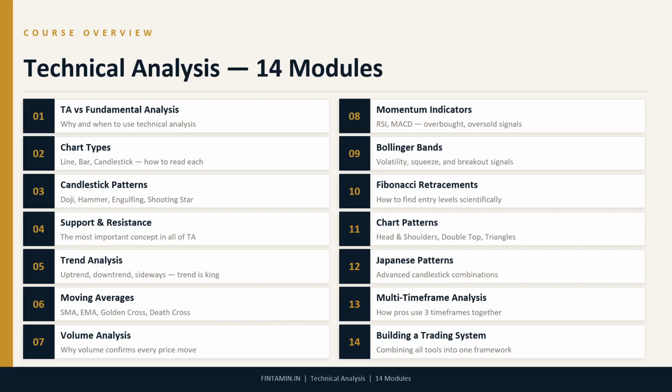Module 7 and 8 adds volume and momentum indicators like RSI and MACD. Module 9 is Bollinger Bands. Module 10 is Fibonacci retracements. Module 11 and 12 covers chart patterns and advanced candlestick combinations. Module 13 teaches the professional multi-time frame system, and Module 14 puts everything together into a complete trading system.